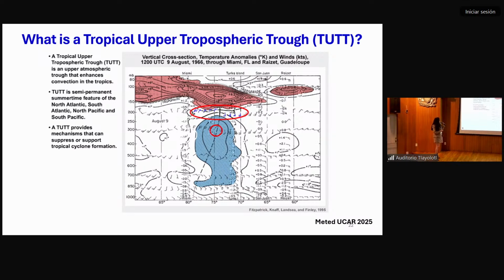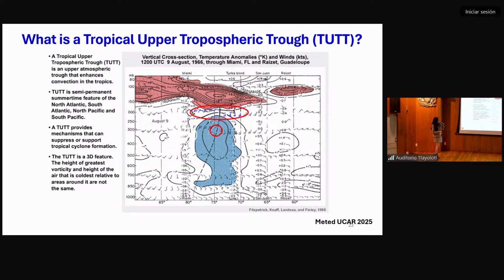It provides mechanisms that can suppress or support tropical cyclone formation, and it's a tilted feature: the greatest vorticity and the coldest air relative to the areas around it are not in the same place.